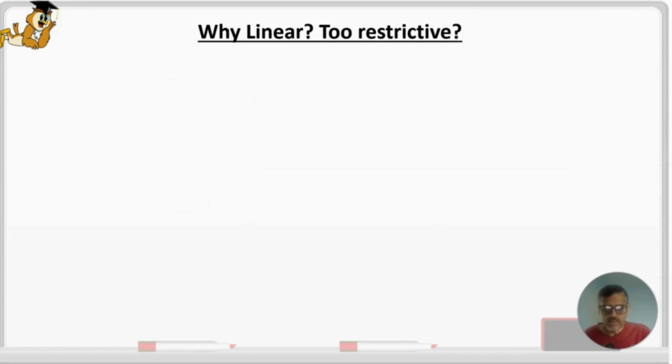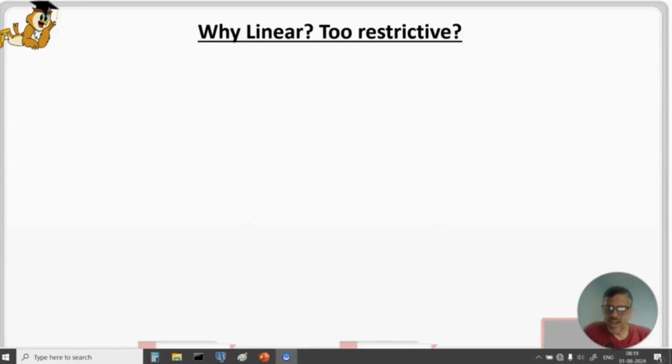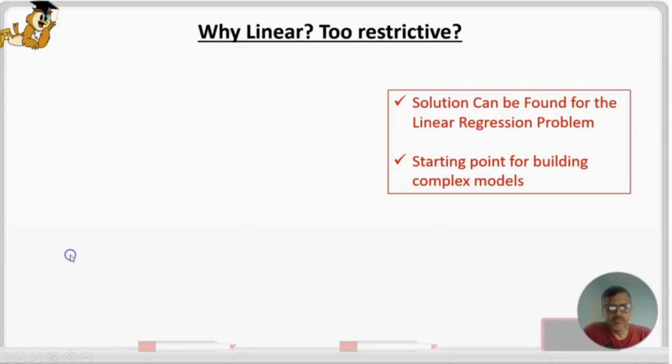Next point. Why linear? Is linear too restrictive? We asked this question when we were looking at binary linear classification as well, and the answer is similar. A solution can be found for the linear regression problem. This is extremely important.